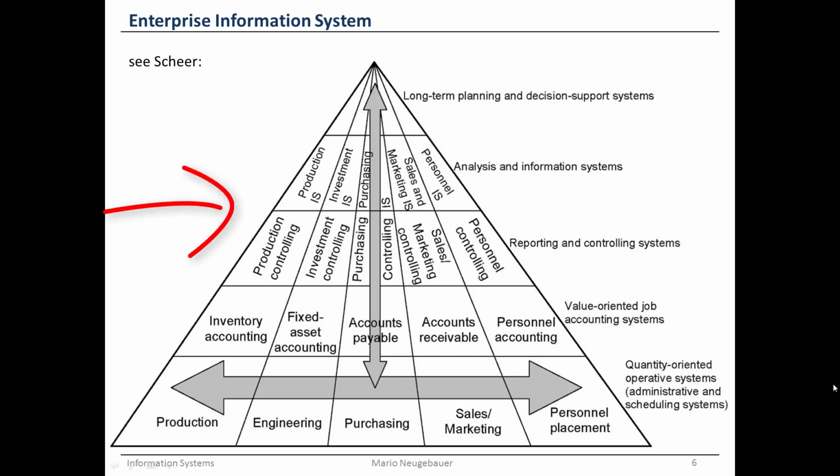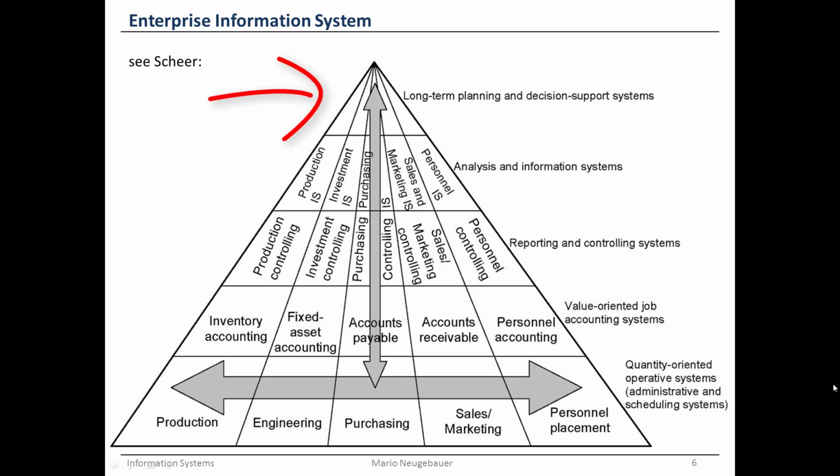In the higher levels, there are process parts which are more the managing parts of the processes, and not so much the executing, the value creating parts of the process.